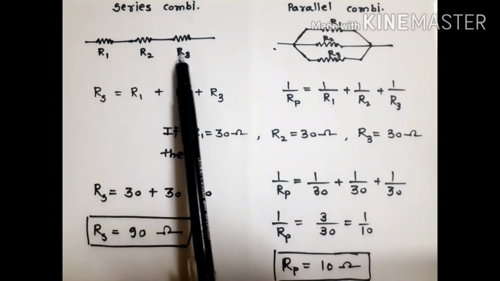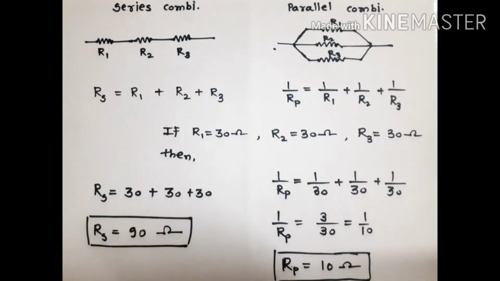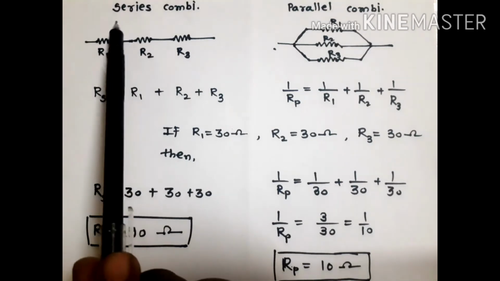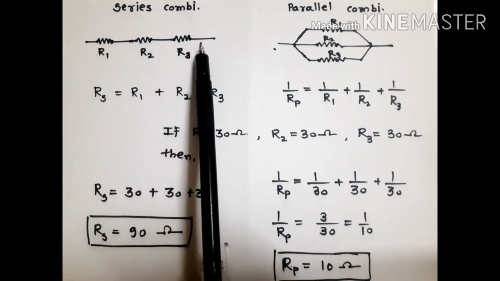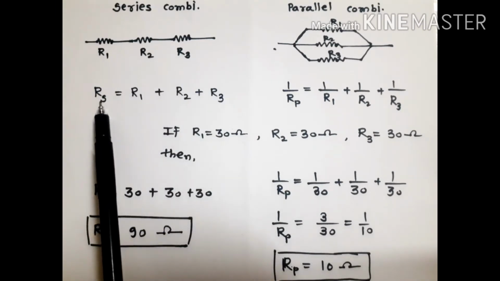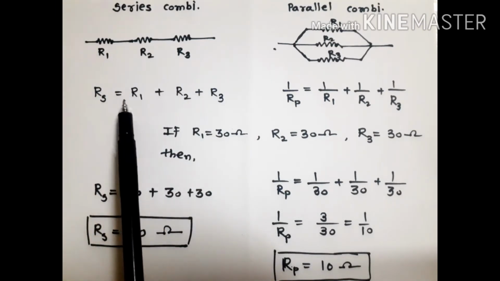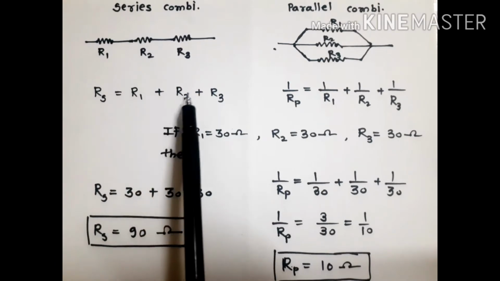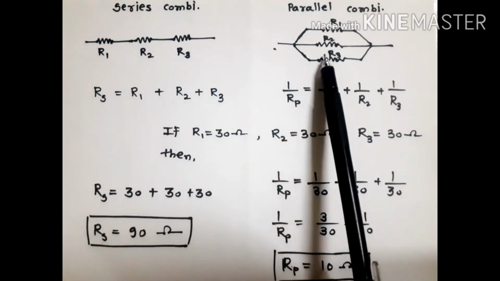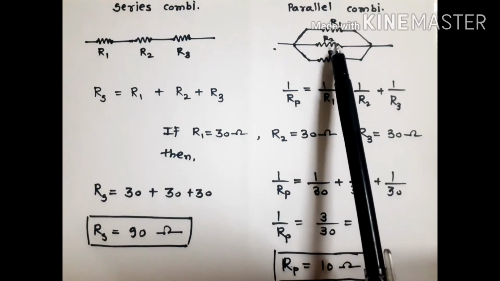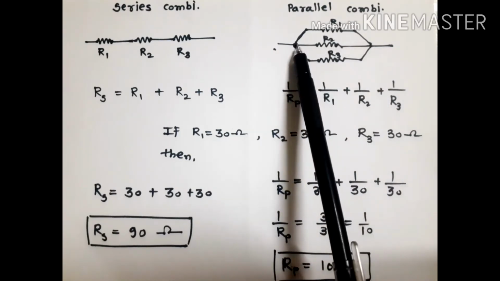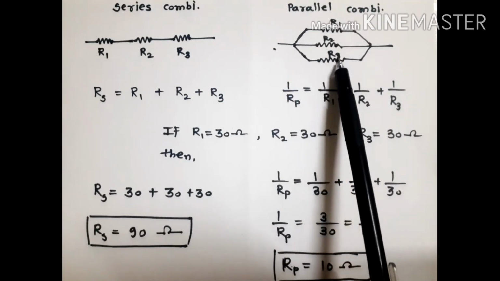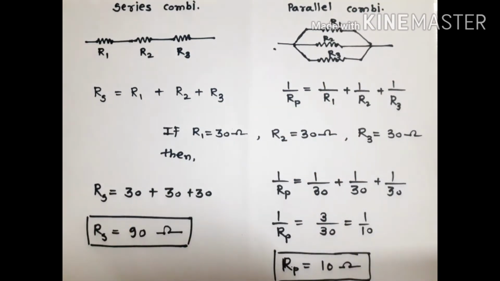Whenever the given resistors are connected one after another, that combination is known as a series combination. Here R1, R2, R3 are connected in series. The effective resistance of a series combination is equal to R1 plus R2 plus R3. Now this is the parallel combination. If the given resistors are connected between two common points, then that combination is known as a parallel combination.